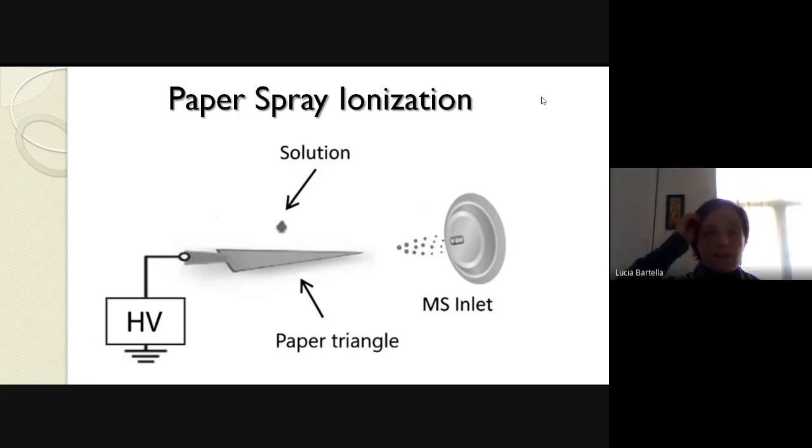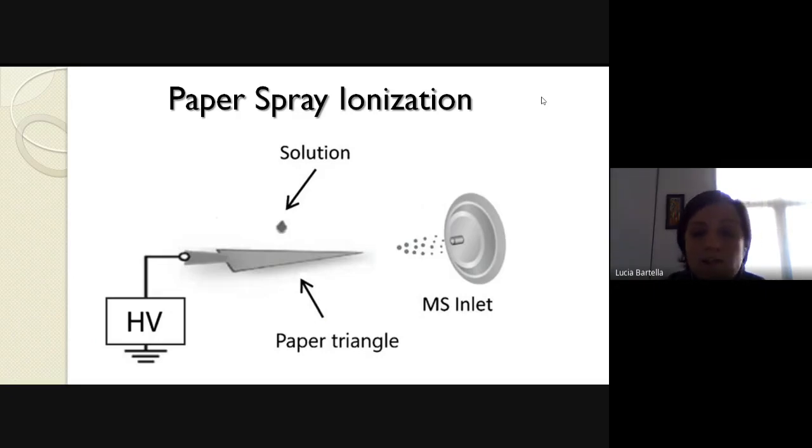A few microliters of sample solution are spotted onto a paper triangle positioned in front of the MS inlet, and the ions are generated by applying a high voltage to the paper and a small volume of polar solvent such as methanol or water-methanol.